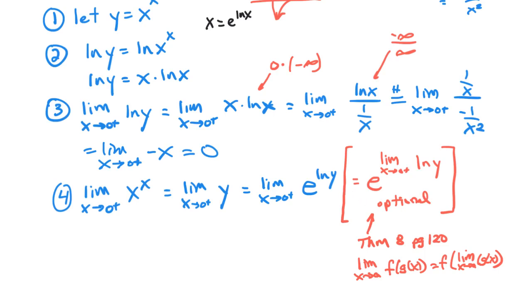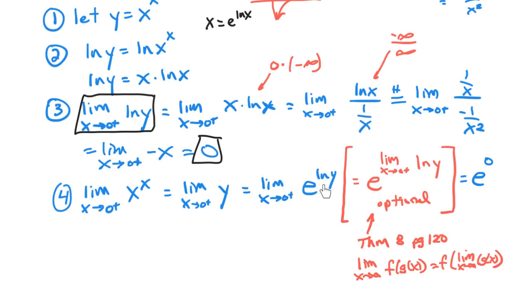But normally what we'll do is we'll go right from here. And look what we did up here. We already showed this up here. We found that this is just 0. So we're going to skip this and go right to this and say that this is equal to e to the 0, right?